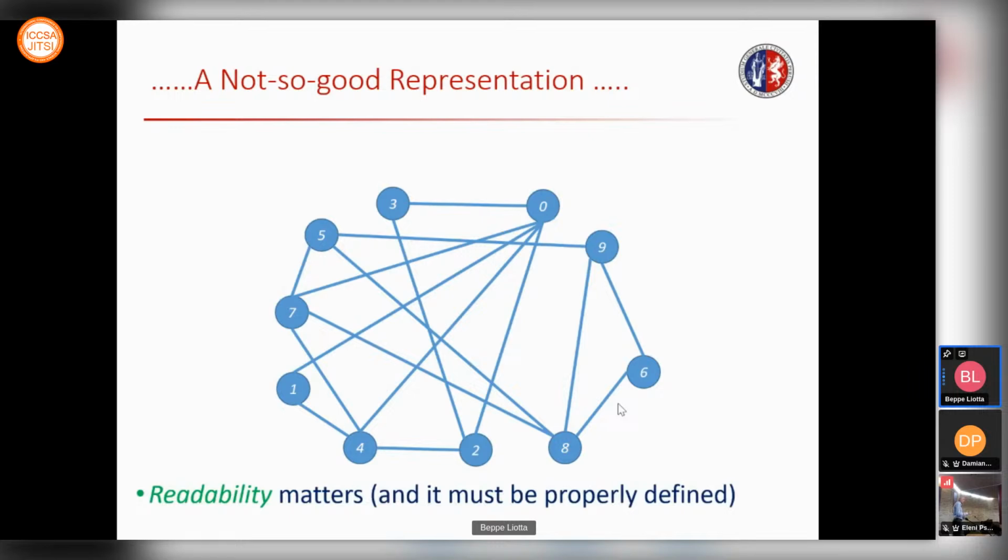Readable means that the representation must convey the information you're looking for. All right? Okay. And this readability, I will talk about it later, is concerned with combinatorial optimization goals for algorithms. And I will come back to this later.